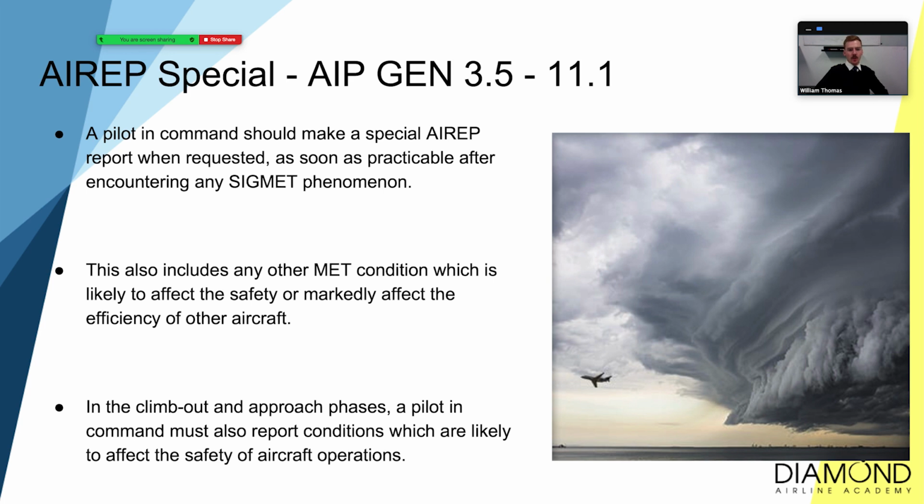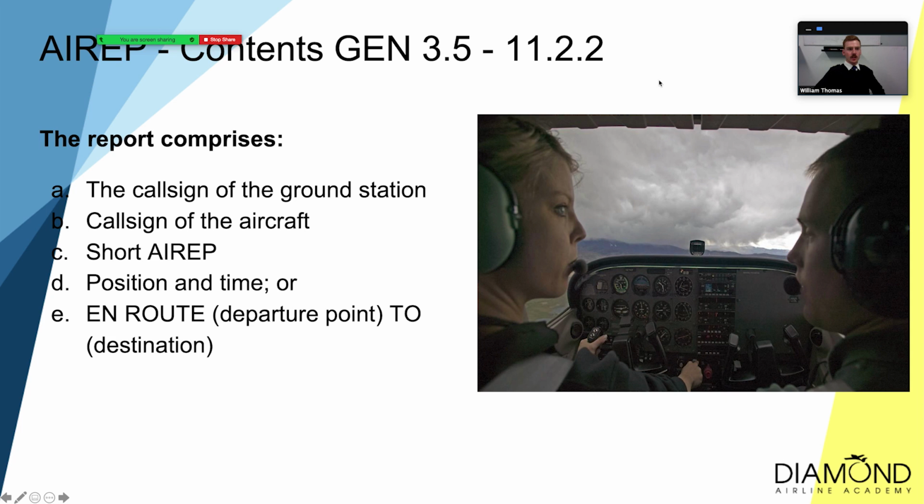In the climb out and approach phases, a pilot in command must also report conditions which are likely to affect the safety of aircraft operations. All right, so what do they contain? An air rep: call sign of the ground station, call sign of your aircraft, the air rep itself, your position and the time, and you're en route to which destination, so your route.